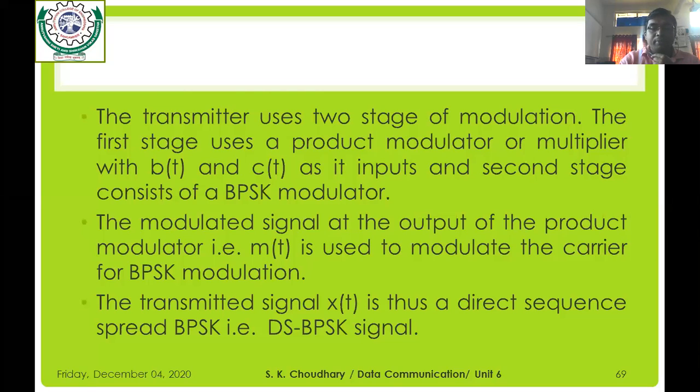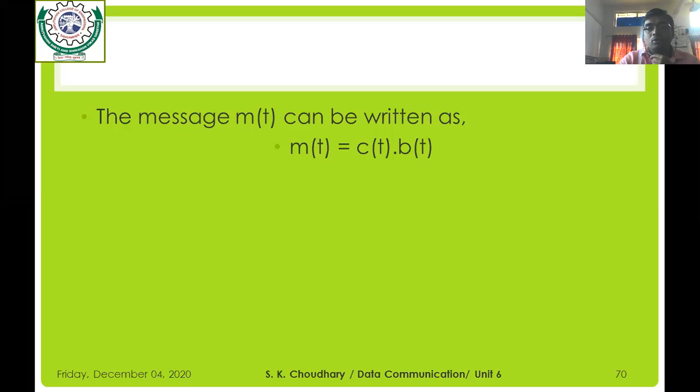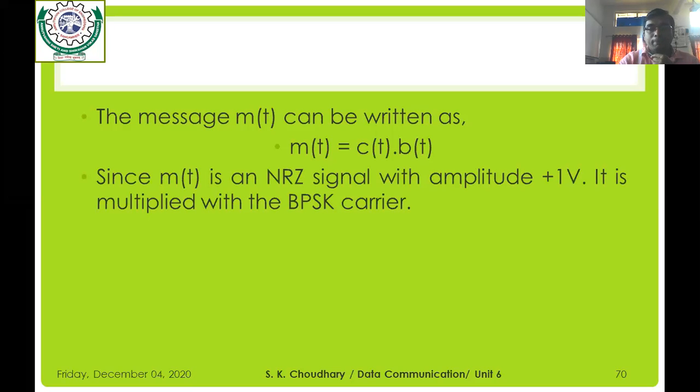The bandwidth of DS-BPSK is very much higher compared to the normal BPSK signal. Now you can see here the m(t) we have already defined, that is c(t) times b(t), which is one of the inputs of the BPSK modulator. So what is m(t)?